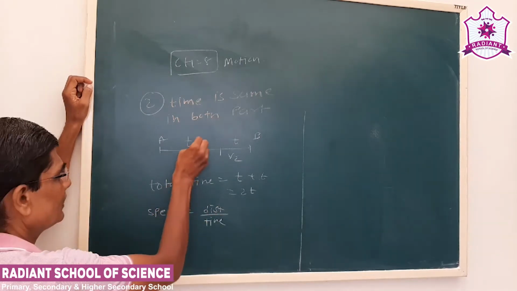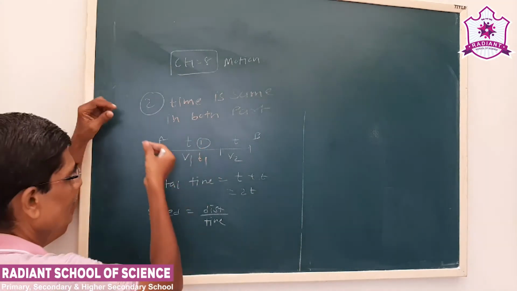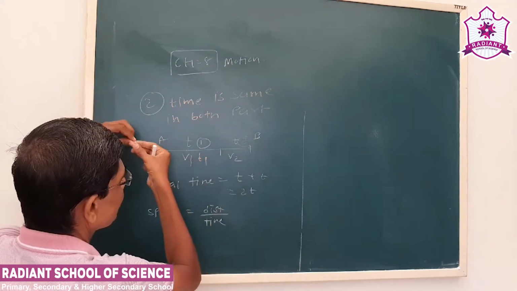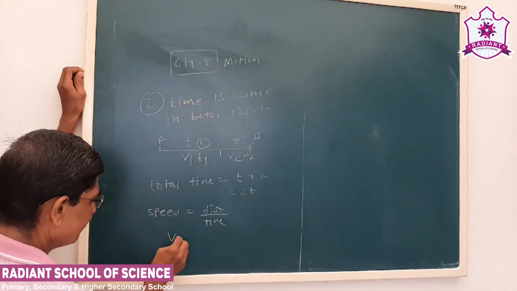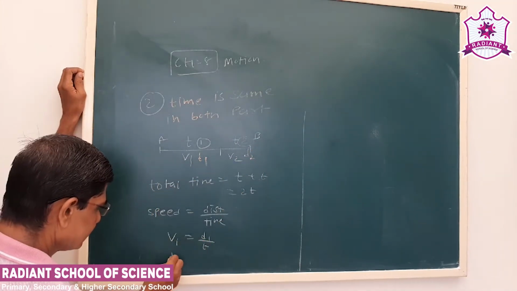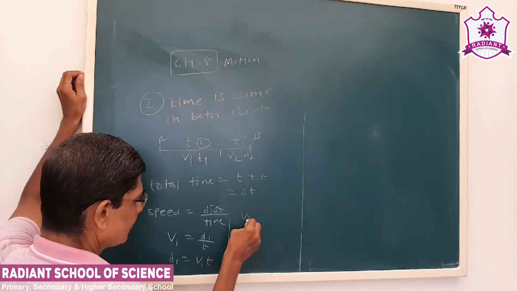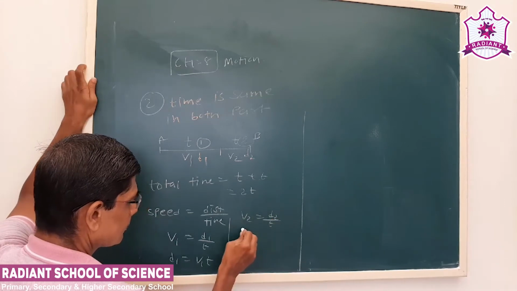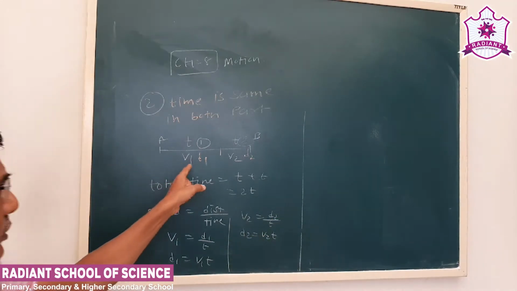In the first part, let us say distance is d1, and in the second part distance is d2. Now speed v1 is d1 upon t. By the same reasoning, what is the total distance?